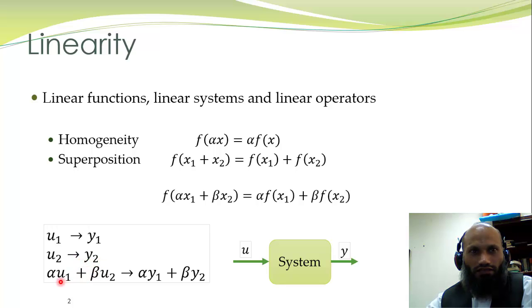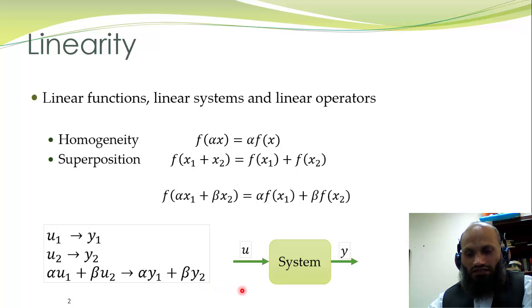If we apply a linear combination of these two inputs as an input to the system, then the system will be a linear system if the output for this particular input is the same linear combination of these two outputs, that is alpha y1 plus beta y2.